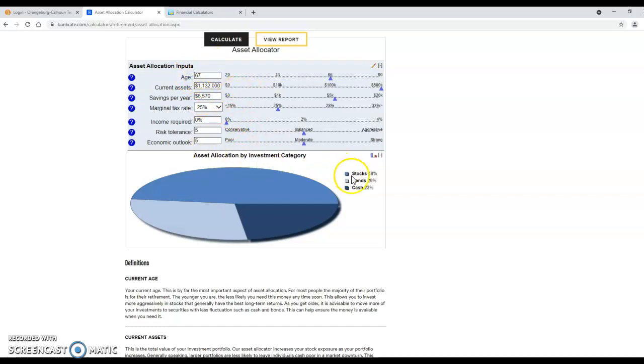Now we're getting ready to retire. We're going to put a lot less into stocks, which aren't as safe, and a lot more into bonds and money market savings accounts than we did at the age of 32.